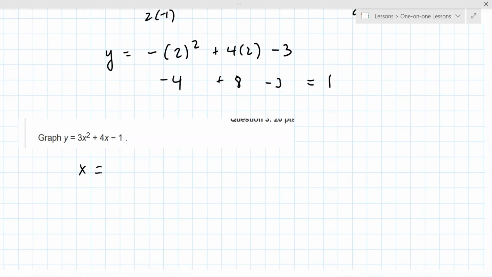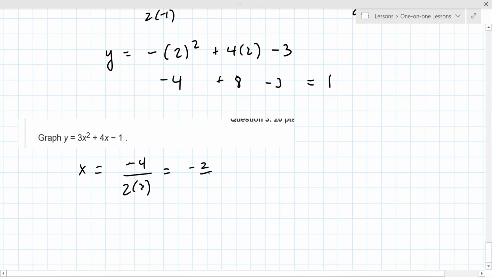So you get -4 over 2 times 3... wait, oh shoot, I forgot about the negative. Negative 2 over 3. I only asked for the x coordinate because the y coordinate is much harder to figure out. You have to square both the top and bottom and deal with some fractions.